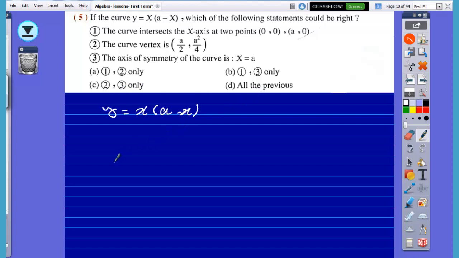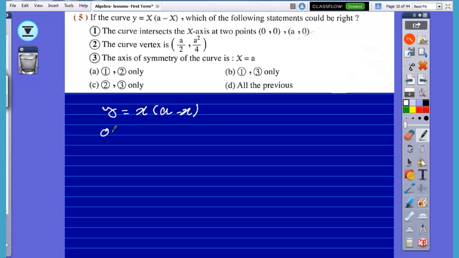Let us study it from the beginning. Here we have y equals x multiply (a - x). Let us check the first statement. To find the points of intersection of the curve with the x-axis, put y equals 0.